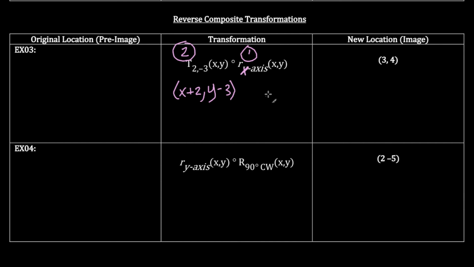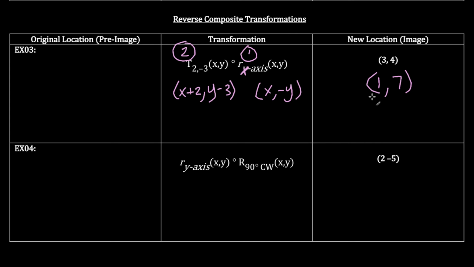Over the x-axis, so this would be x, negative y. Okay, so this is the first thing, and then this happened. So I added 2 to get to 3, so I used to be at 1. I subtracted 3 to get to 4, so I used to be at 7.